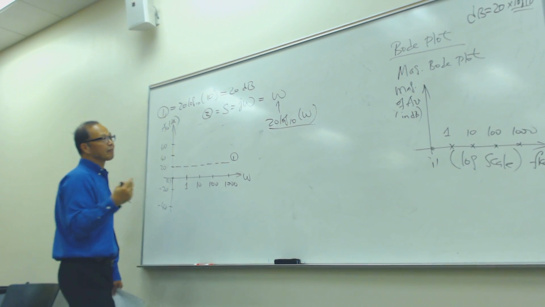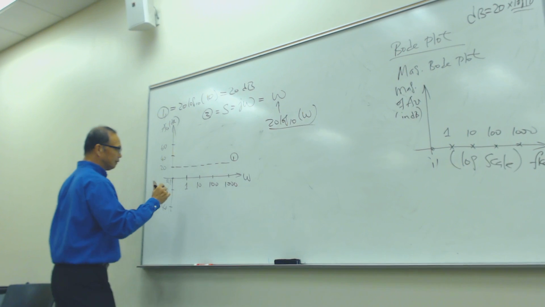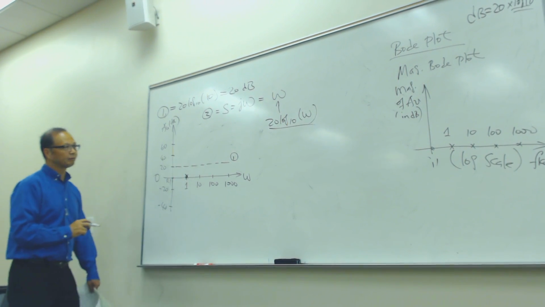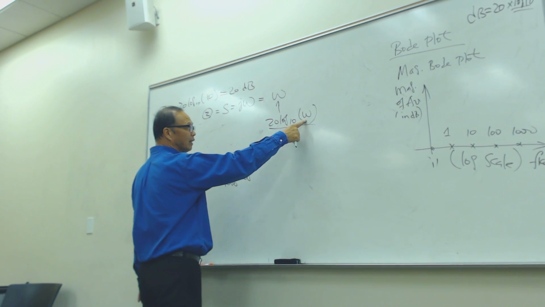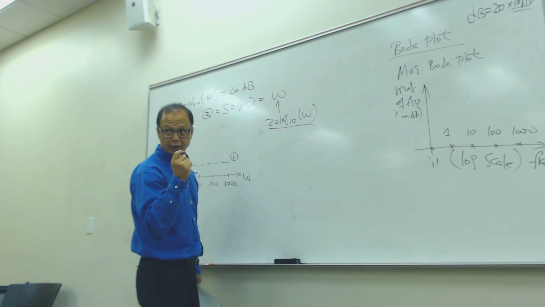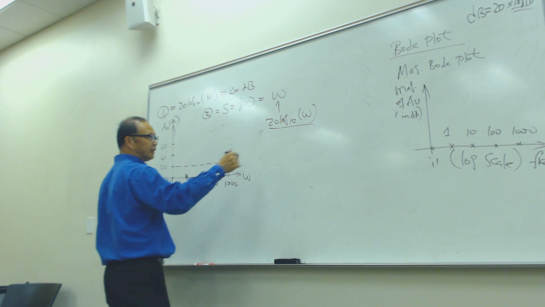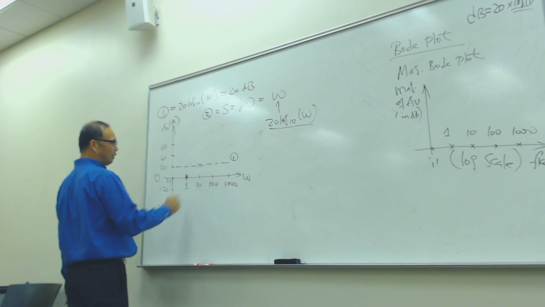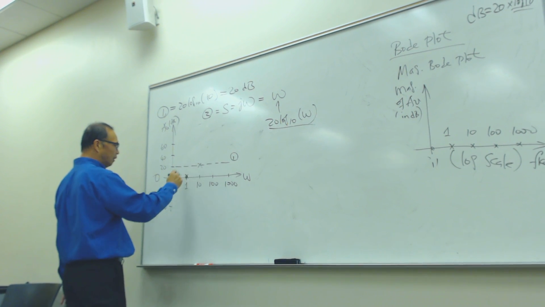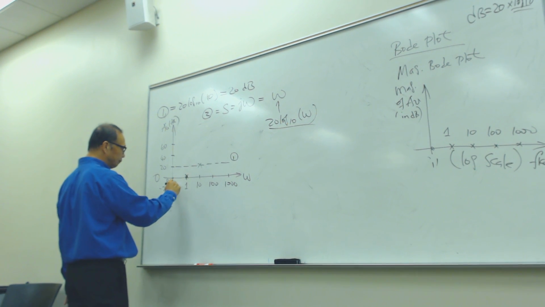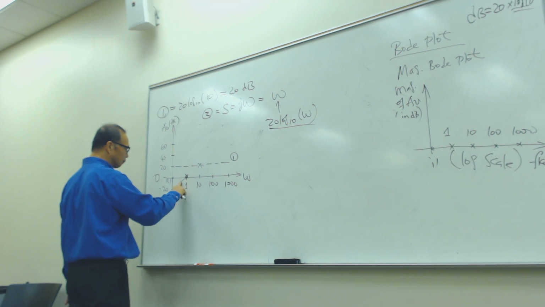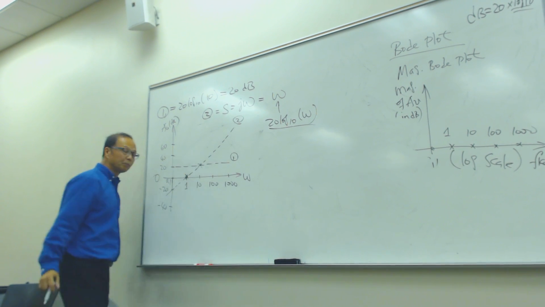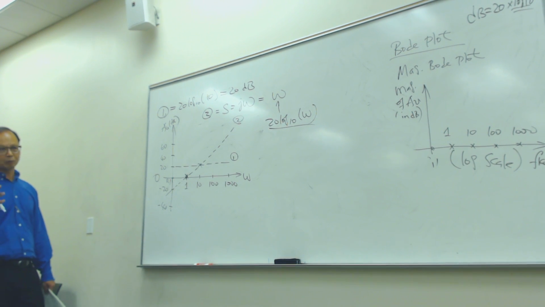So I should have 0 dB, because if omega equal to 1, log 10 of 1 is 0. Then let's say if omega equal to 10, what do I get? I get 20, right? So I should have it here. So if you put the points together, that becomes the plot of component number 2.